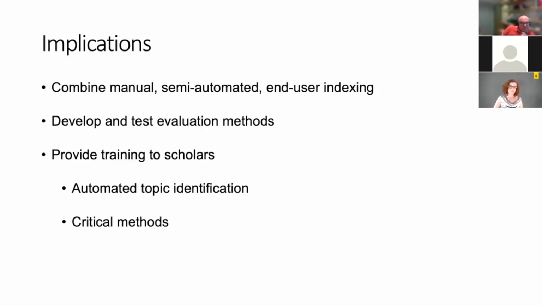Finally, it is my conclusion that it's best to combine manual, but also semi-automated as well as end-user indexing and author indexing. It is to develop and test evaluation methods further and to provide training to scholars, both on automated topic identification and critical methods.